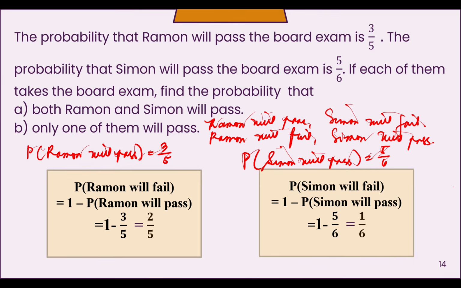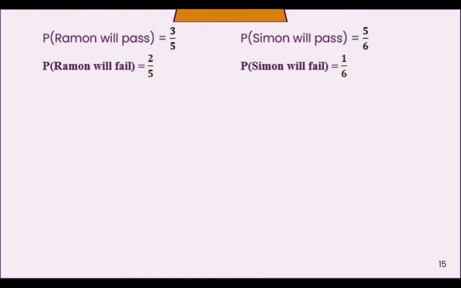Before we answer, let us first come up with a probability tree diagram. Again, just rewriting the probabilities. So we have here that of Ramon and that of Simon. So what is the probability that Ramon will pass and that Ramon will fail?